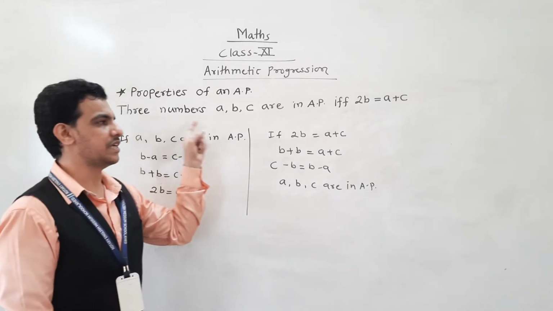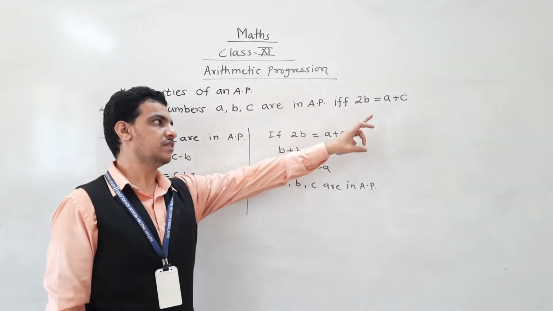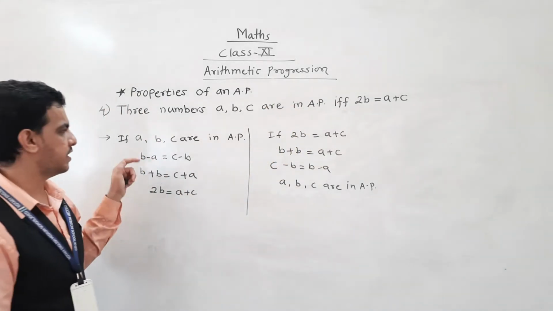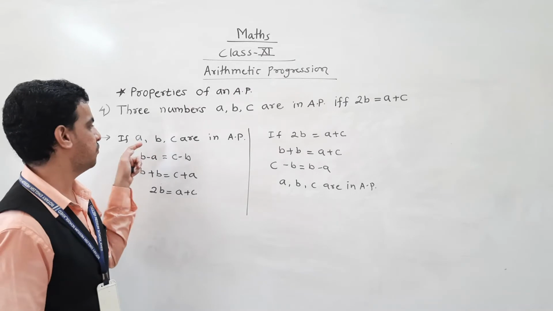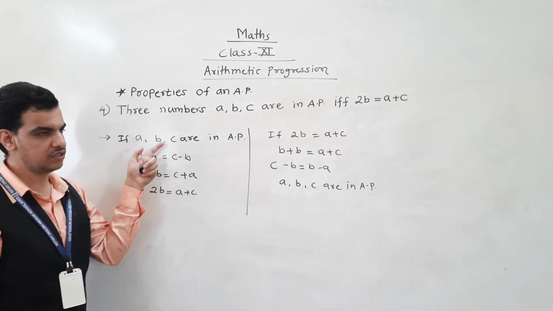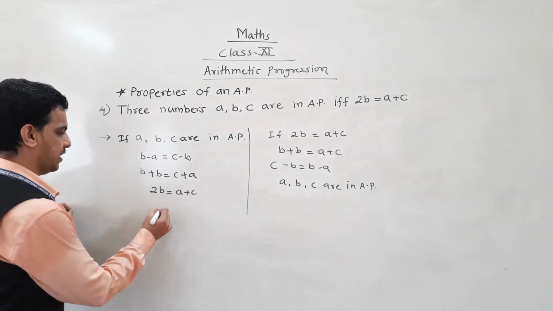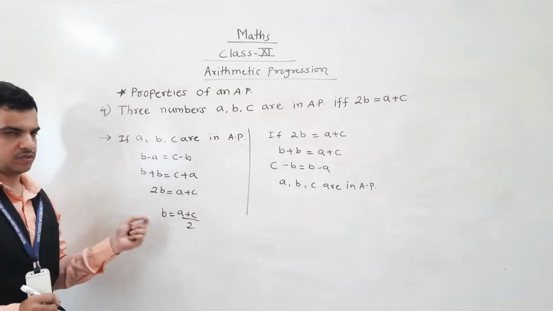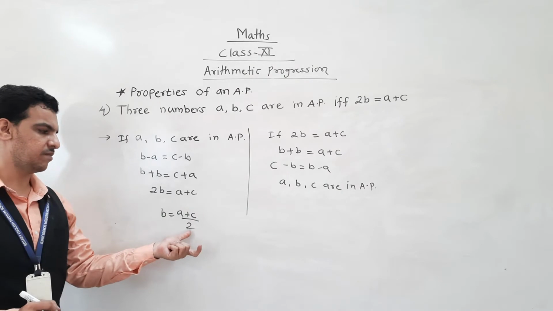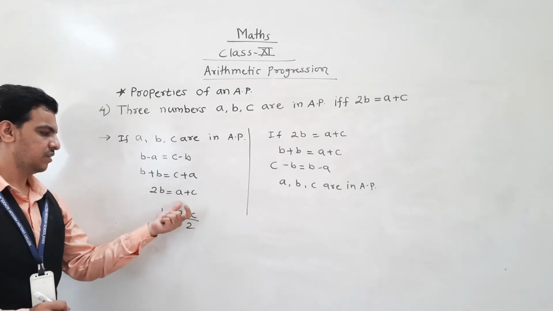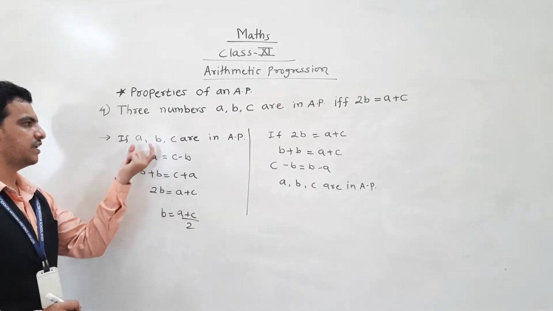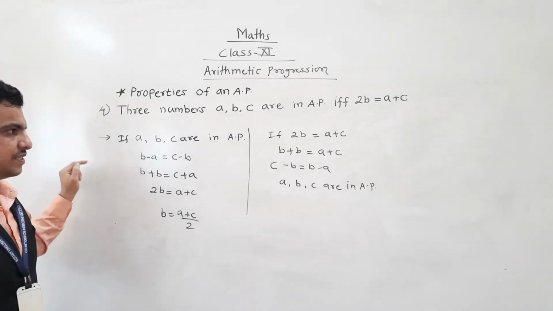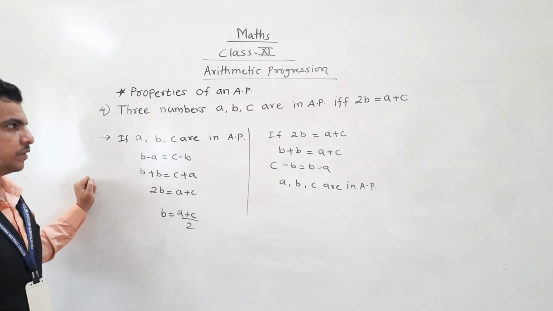If three numbers a, b, c are in AP, then 2b is equal to a plus c, and this b is called the arithmetic mean of a and c. We can write b is equal to (a plus c) divided by 2. The sum of two numbers divided by 2 is the mean, so b is called the arithmetic mean of a and c.